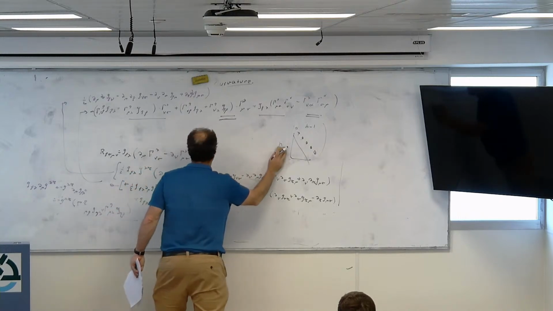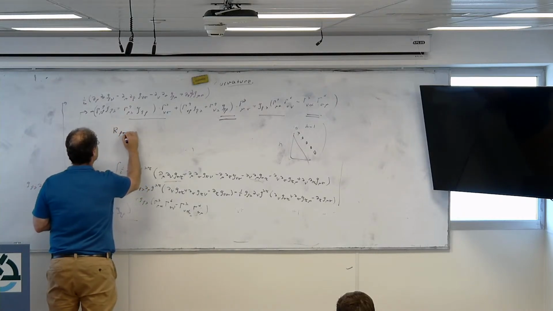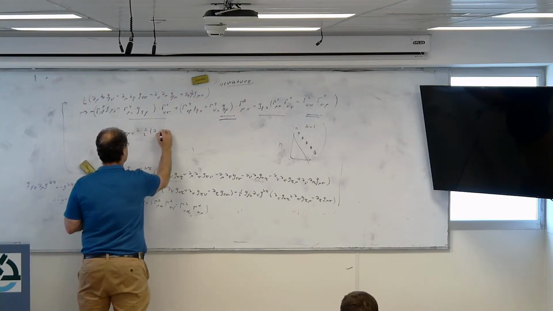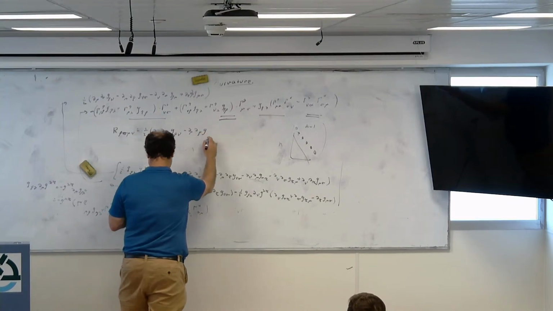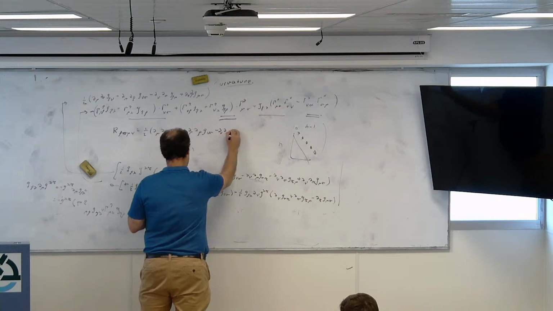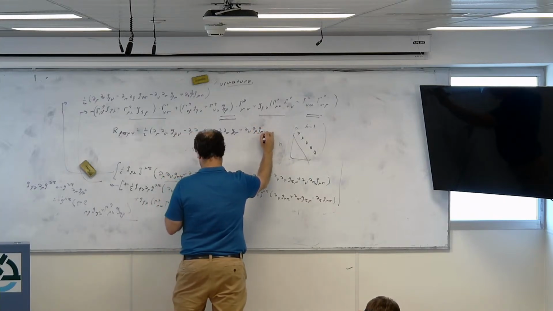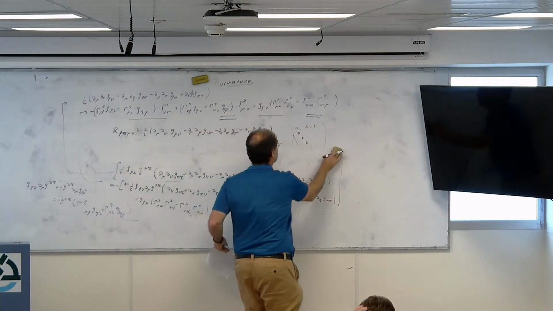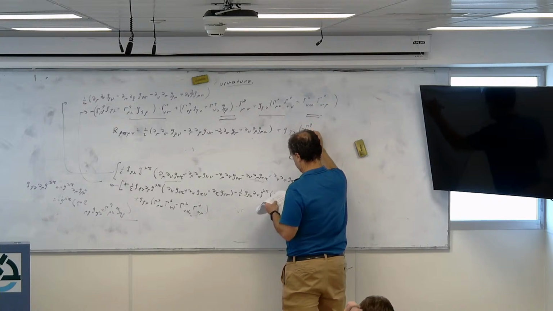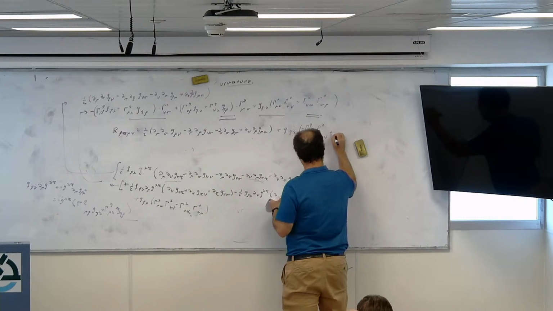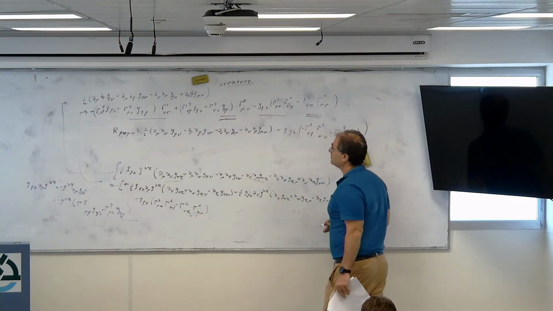Eventually, R rho sigma mu is 1 half d mu d sigma g rho mu is d mu d rho g mu sigma minus d mu d sigma d rho mu plus d mu d rho g mu sigma plus g eta lambda minus gamma eta mu rho gamma lambda sigma mu plus gamma eta mu rho gamma lambda mu sigma. Yeah, I love it. This one is really good.